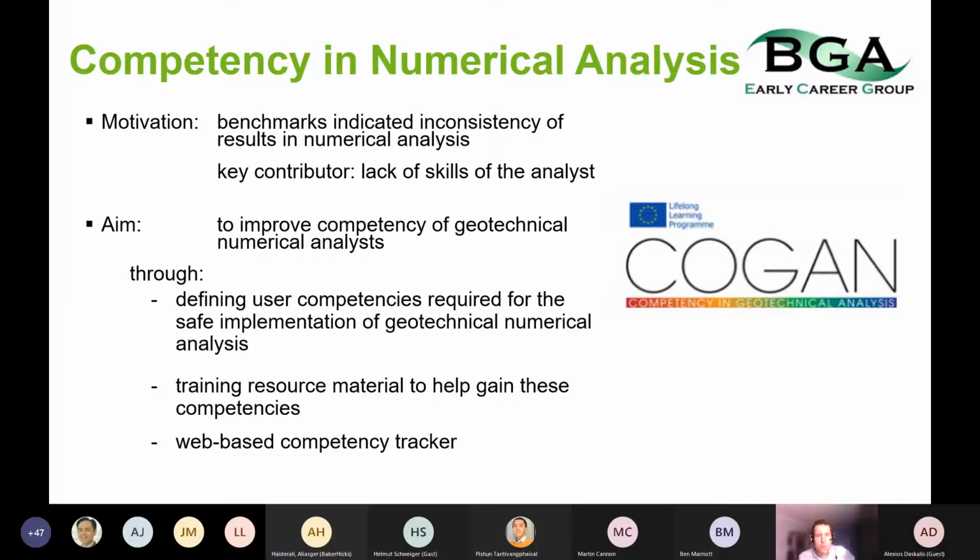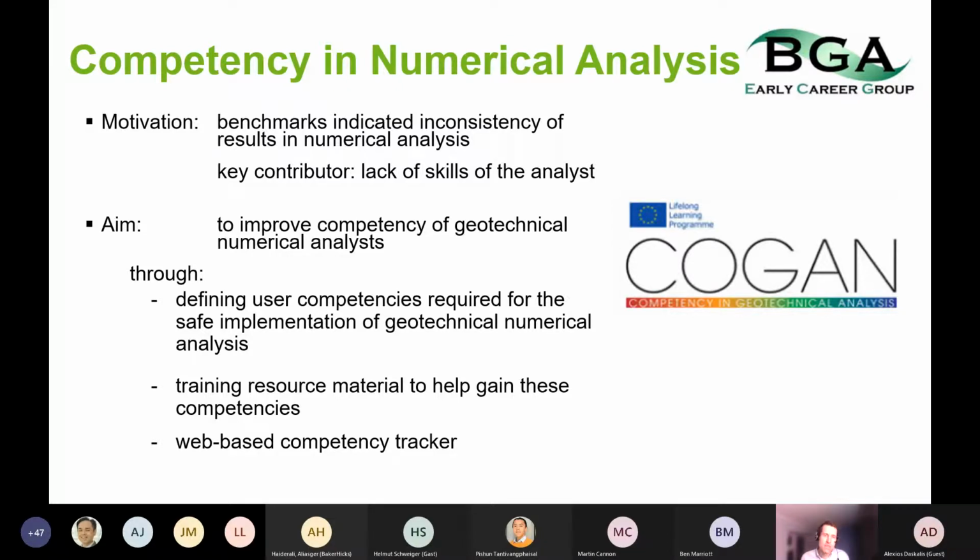So coming now to COGAN. COGAN was originally funded by the European Union's Lifelong Learning Fund. The initial step was to undertake a benchmark exercise where standard problems, for example a retaining wall, were given to numerical analysts to analyze, and to provide their workings.